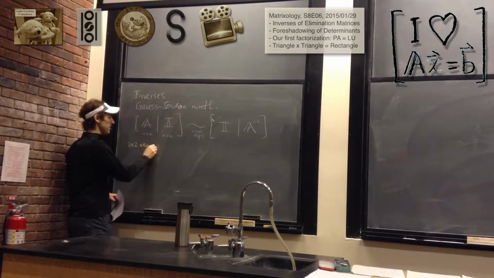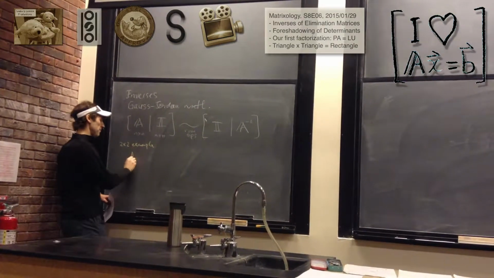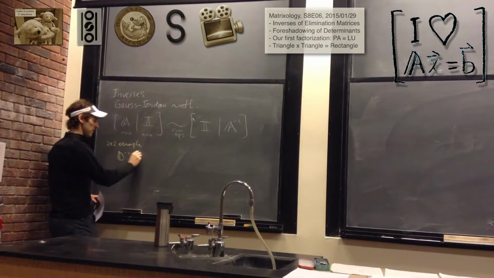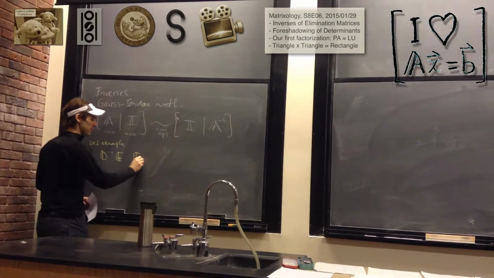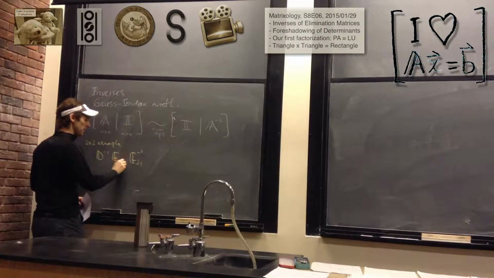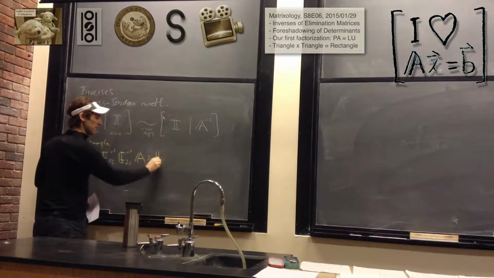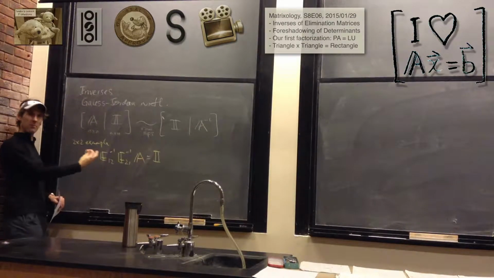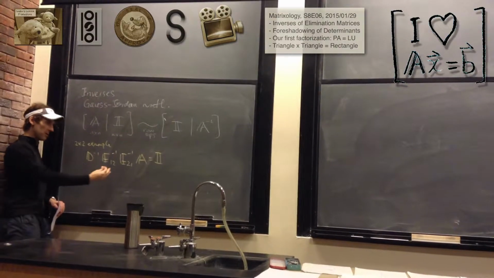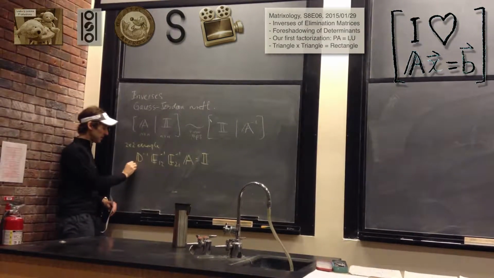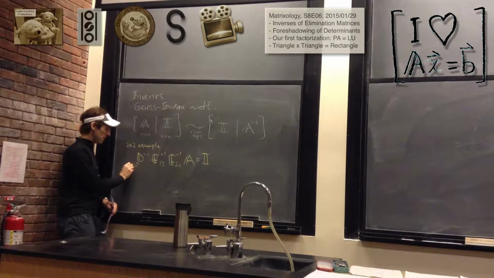And for, let's say, the 2 by 2 example, we had this kind of thing. We had D to the minus 1, E21 to the minus 1, E12 to the minus 1, times A equals the identity. Right? So once we took our row operations and we saw them as elimination matrices, and this is the inverse of the pivot, D equals the pivot matrix.